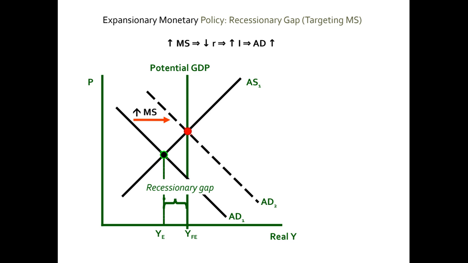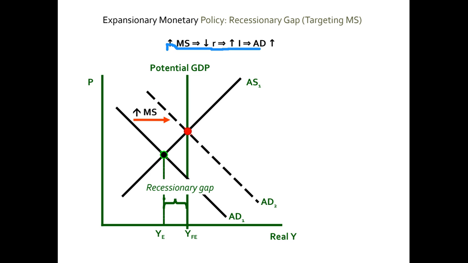Then how come money supply is shifting aggregate demand if there's no money supply in the aggregate demand equation? So let me show you the whole process, how an increase in money supply will shift the aggregate demand curve. As you can see in this slide, when the central bank increases money supply, it will decrease the interest rate, in turn increase investment, and investment is a component of aggregate demand, that is gross investment.